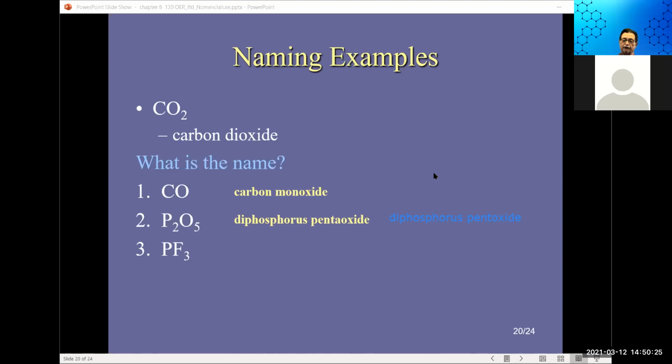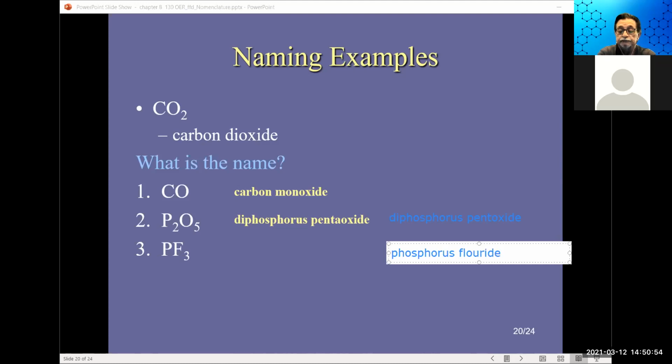Similar situation. We have the phosphorus and we have a fluoride. Fluorine we maintain as if it was an ionic compound. The phosphorus is the central atom, so we continue with the name phosphorus. First thing I do is write the base name, and then I use tri.